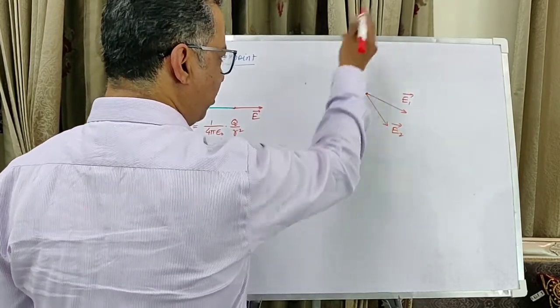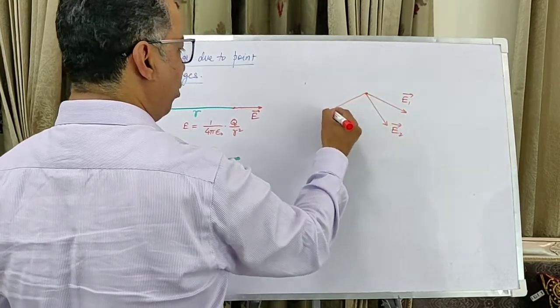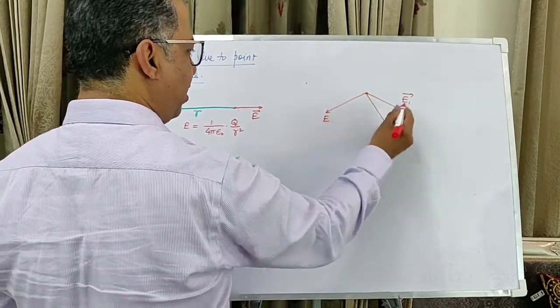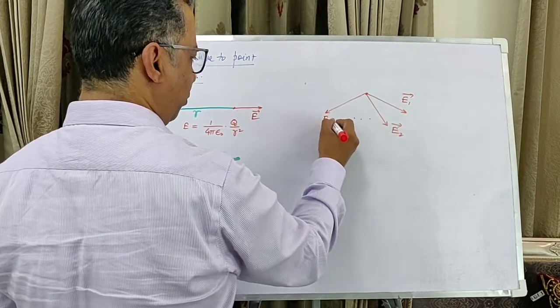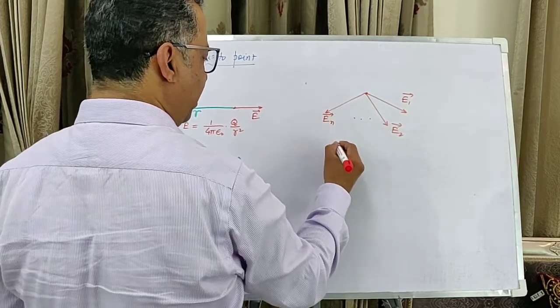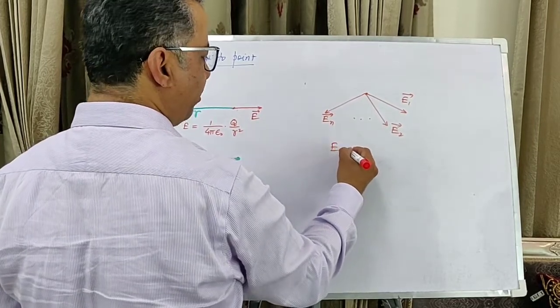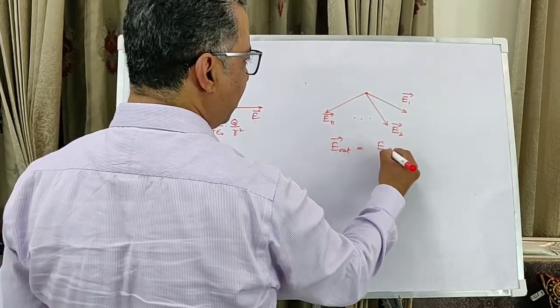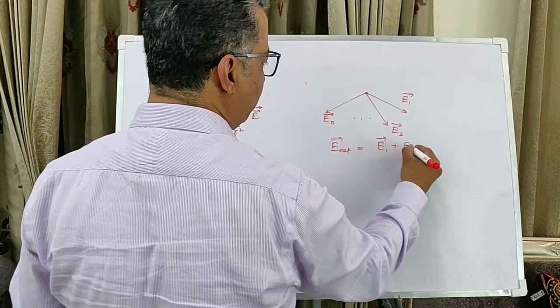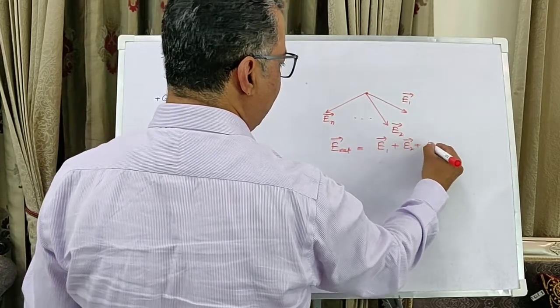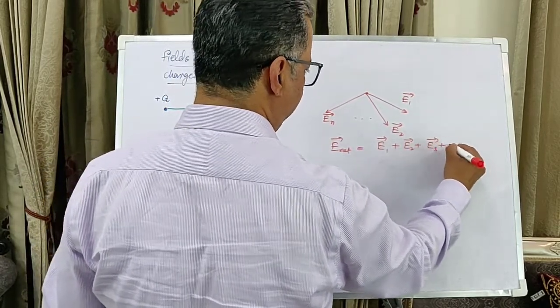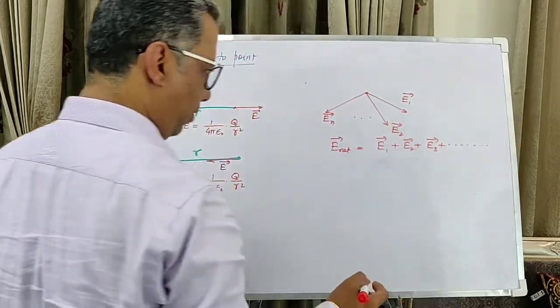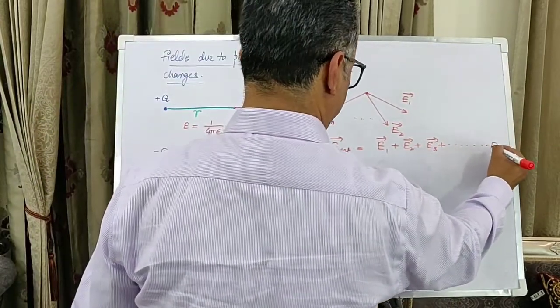There are lots of charges, and they all produce their own electric fields, E1, E2, E3, and so on, all the way up to En. Then the net electric field at this point is the vector sum of E1, E2, E3, and so on, all the way up to En.